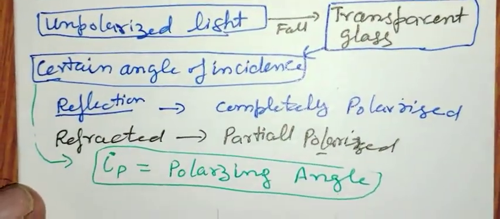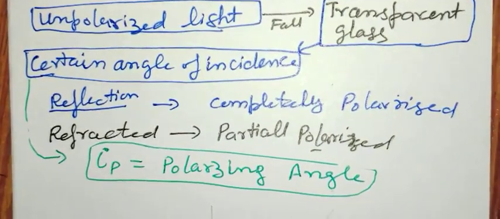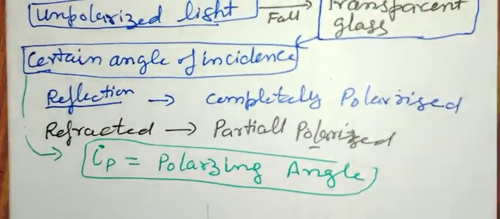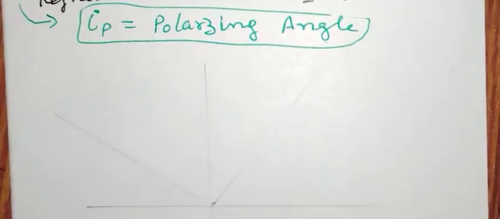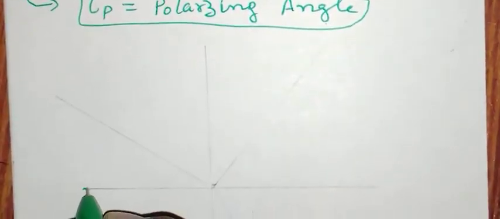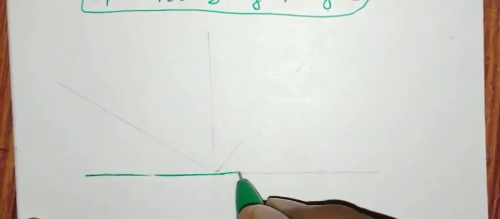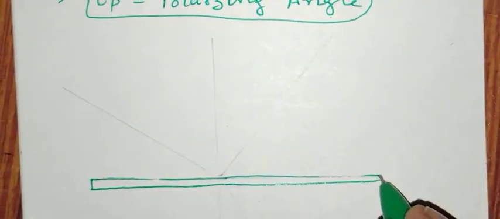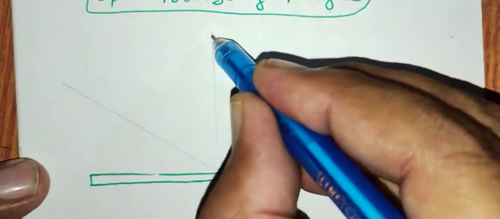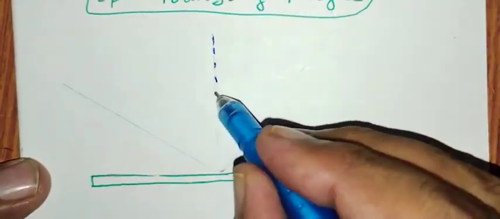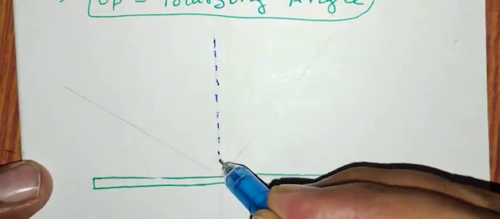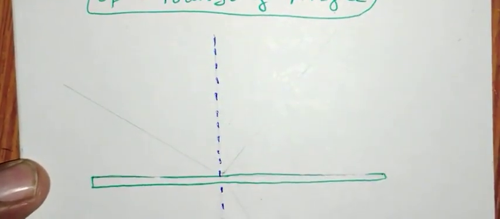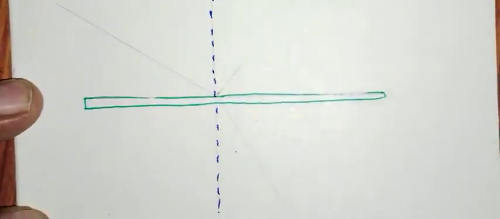It can be clearly understood in this diagram. Let us consider this is the glass. Let a perpendicular line, the normal, lie here.